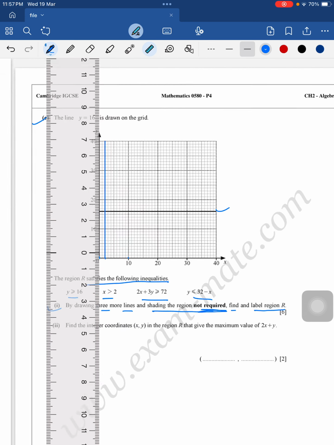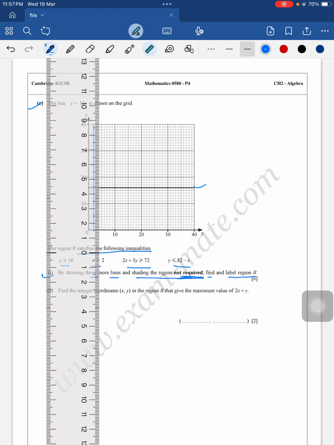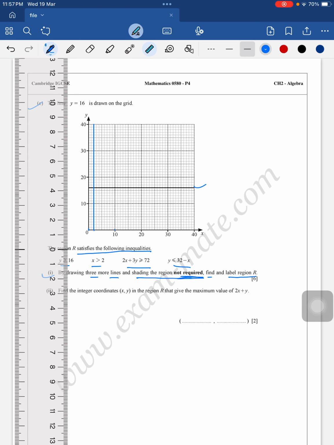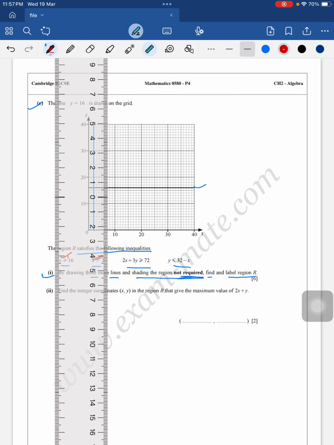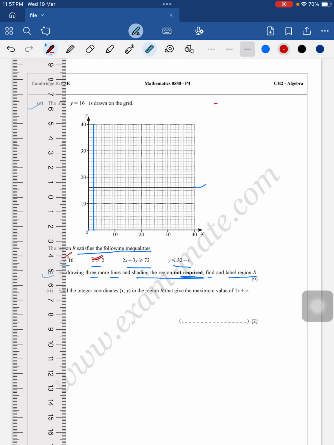Okay, now I'll be doing the shading with different colors so that it will be easier to understand. Now moving towards red, this is done, this is given to us, this we have done. Now 2x plus 3y is greater than or equal to 72. It means that we have to make this in the form of y equals mx plus c so that we can understand it easily.